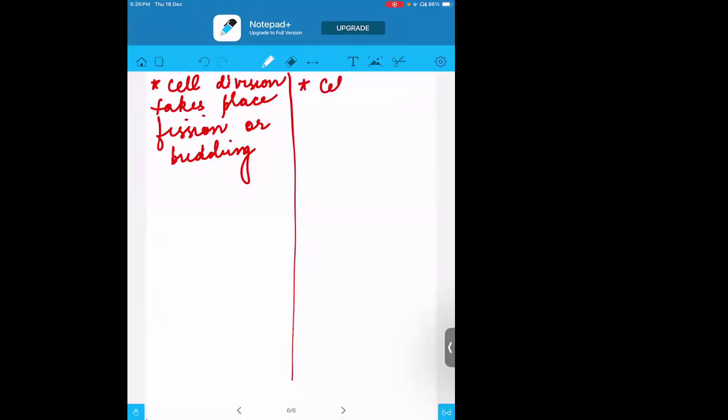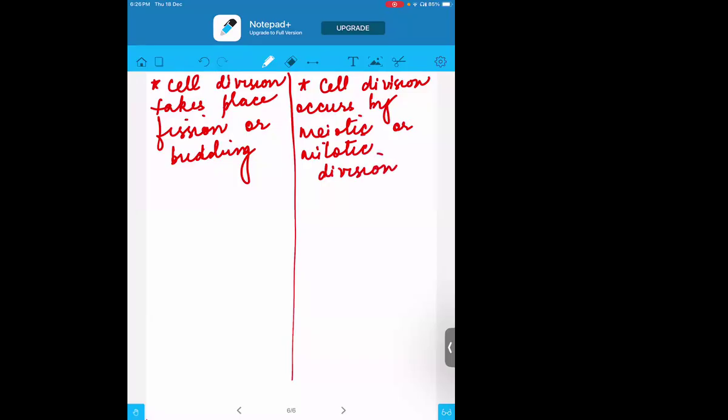Whereas in the eukaryotic, the cell division will occur by either meiotic or mitotic division. Meiotic means the chromosome number will reduce to half, and mitotic means the chromosomes divide into two and the number of chromosomes will remain the same.